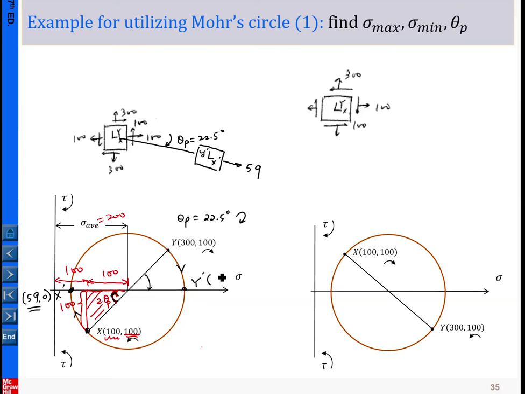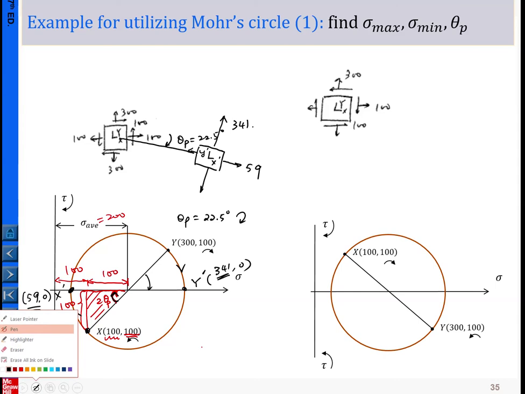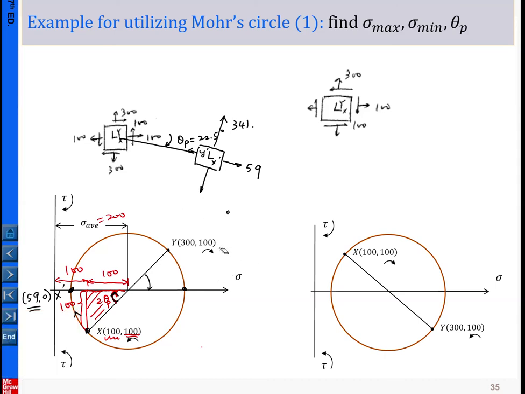Y prime has the coordinate maximum, 200 plus, that is 341, as we calculated earlier. So in y prime direction, we have the normal stress 341, and there's no shear stress here. So that is the first option of determining the principal stresses and principal directions.